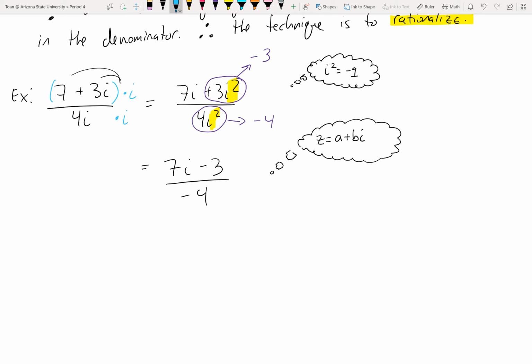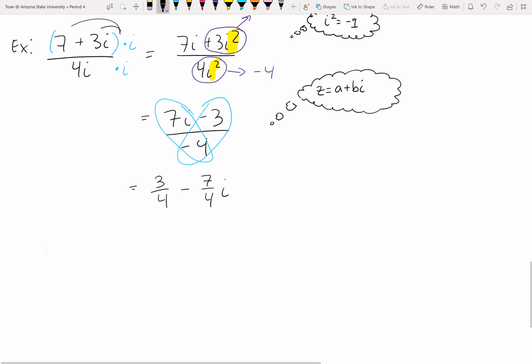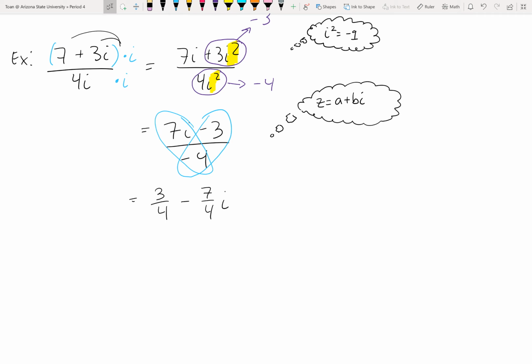We need to split apart the fraction, each piece will get its own denominator of negative 4, and then I need to swap them. So this will give us positive 3/4, negative 7/4 i. I did two steps at once there. Please let me know if you're confused, and I'll show the middle step. We okay with what I did there? Okay. So that would be technically the perfect looking answer in standard form.